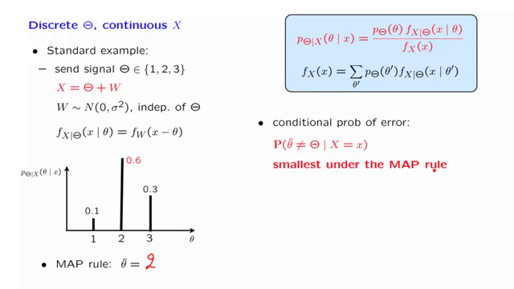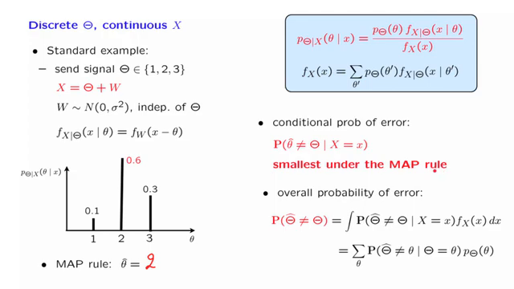And then we can continue similarly and talk about the overall probability of error, which can be calculated using the total probability theorem in 2 ways. One way is to take the conditional probability of error for any given value of x and then average those conditional probabilities of error over all the possible choices of x.